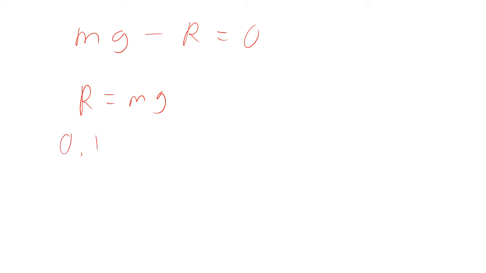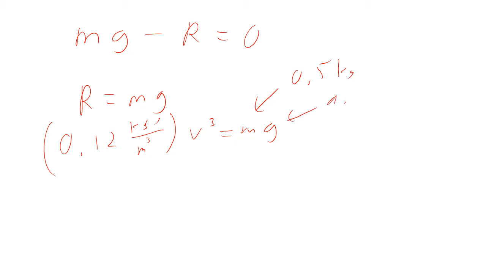So 0.12 kilograms second per meter, actually meter cubed, I guess, per meter cubed times v cubed has to equal mg. Well, m is 0.5 kilogram, g is 9.81 meter per second squared. So we can solve here.